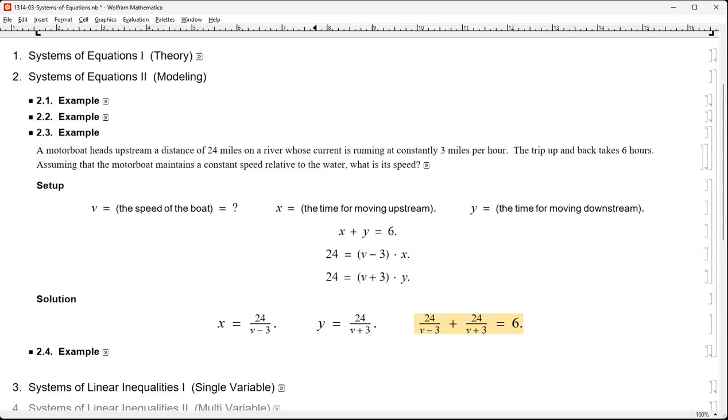How to solve this? Step 1, denominators. Step 2, parentheses. Step 3, like terms. Remember that? Denominators first. We have v minus 3 and v plus 3 here. So the LCD to multiply is v minus 3 times v plus 3.